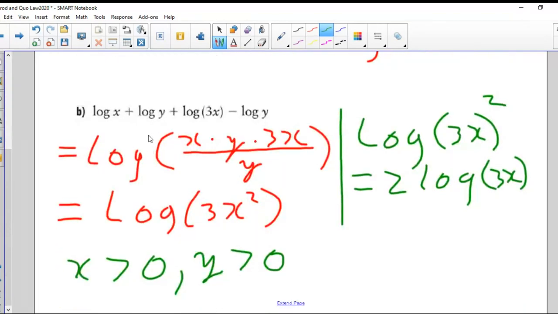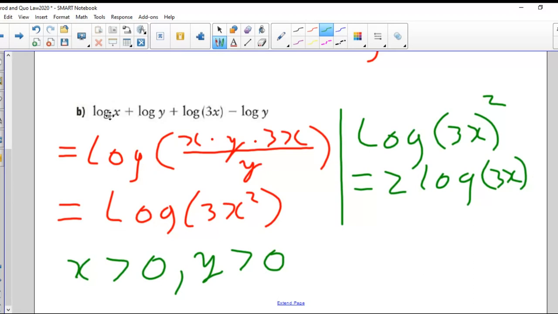See the question? Are you paying attention here, Hunayan? Watching what I'm showing? Perfect. So when it was a log of x plus a log of y plus a log of 3x minus a log of y, and we simplified it, we said, okay, now let's go back and look at the original expression and see what x values we had to restrict or what y values we had to restrict.